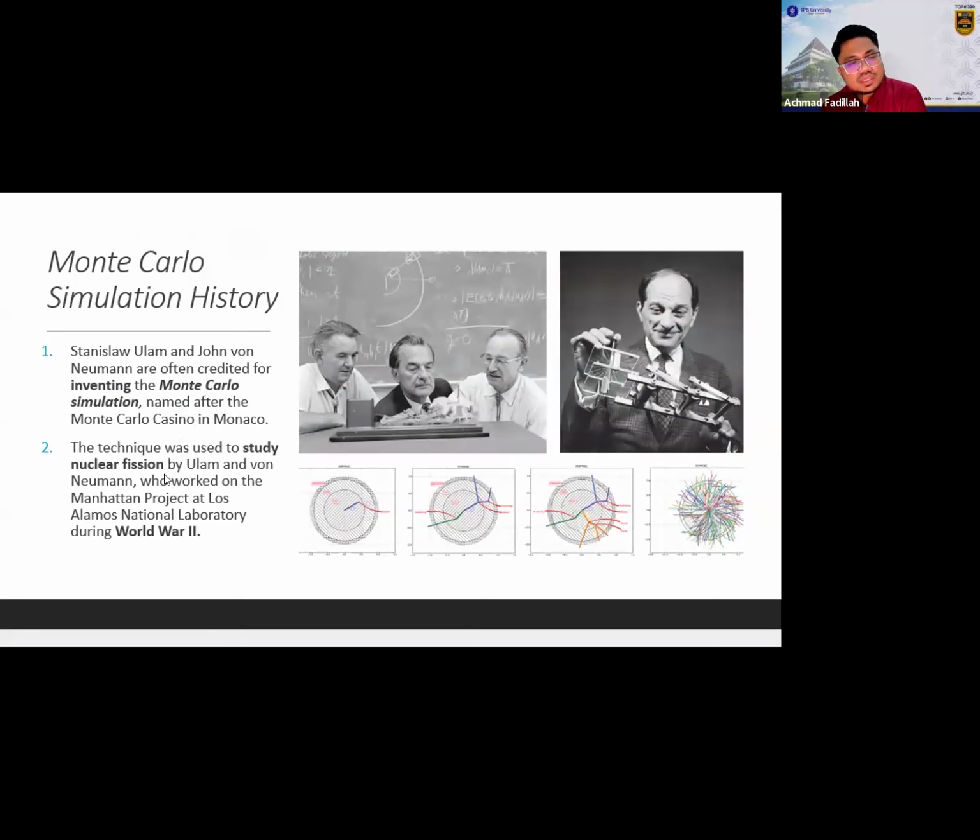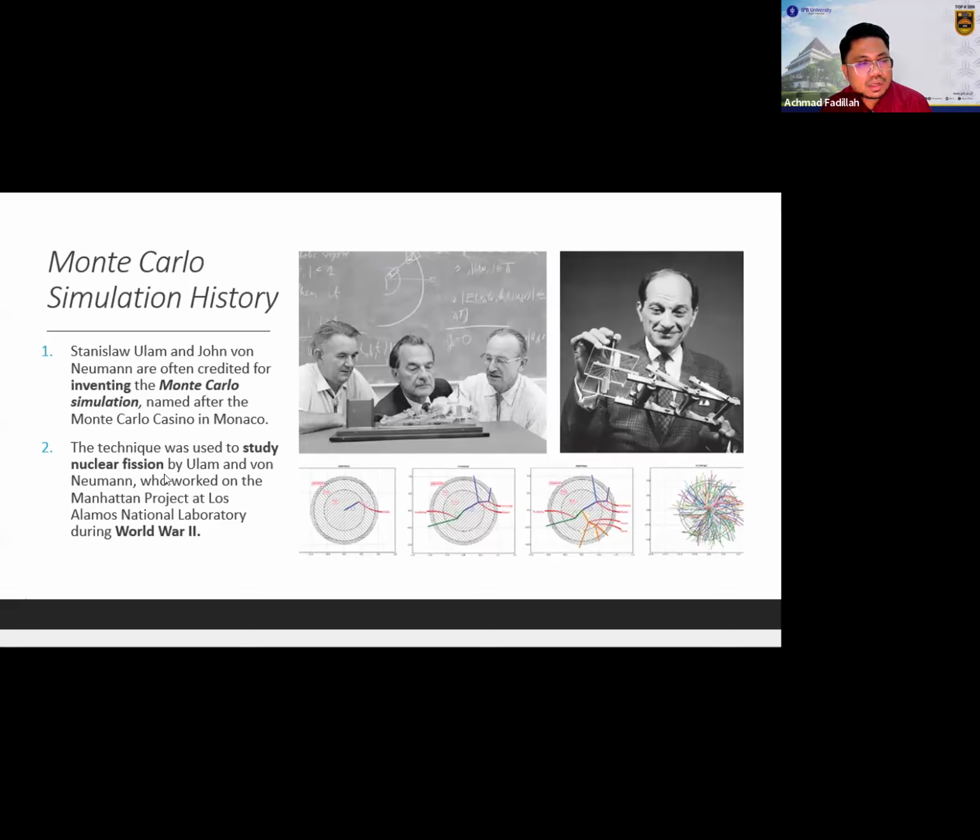Even this name comes from the casino. You know, the casino is a gambling place, in Monaco in Europe, and if you know Las Vegas in the US, even Genting Island in Asia, and something like that.